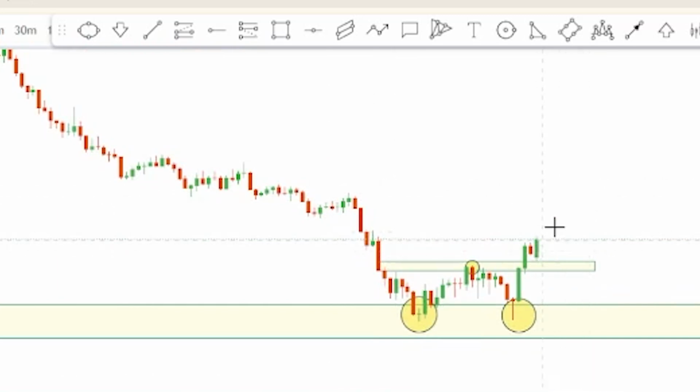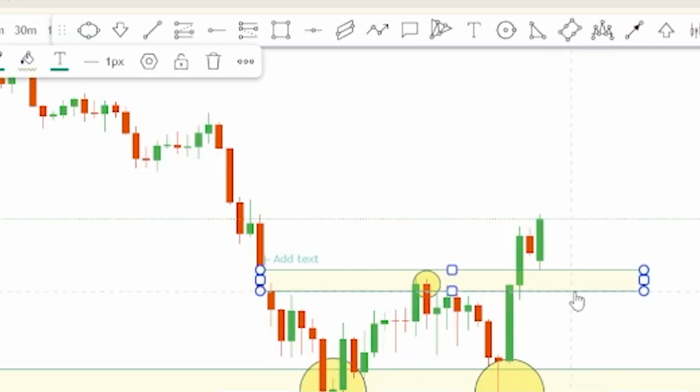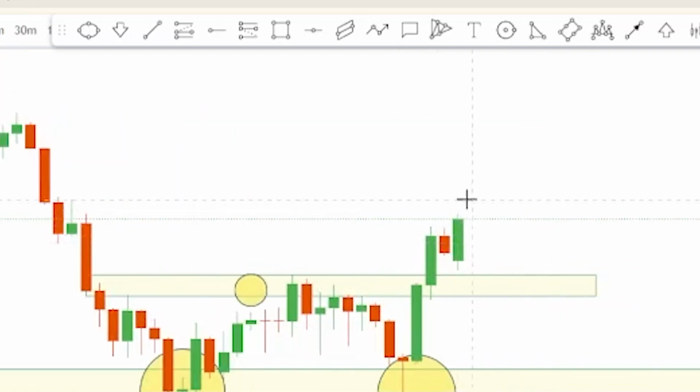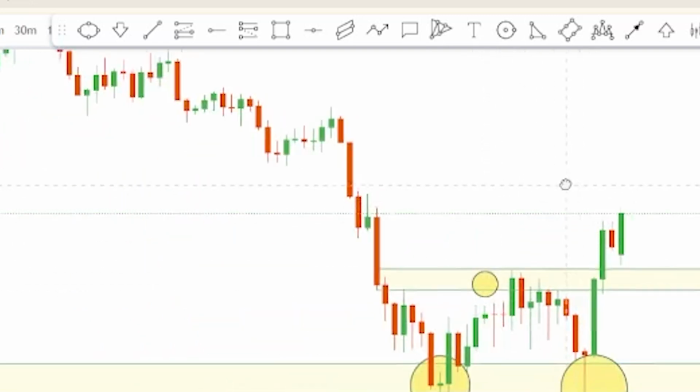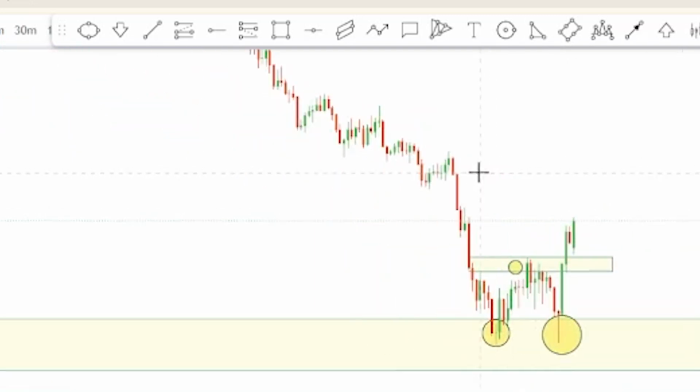But we need to make sure that our neckline is drawn well, because this high has to be in the same position as our resistance line. So this candle, this bullish engulfing, didn't touch our neckline, so we have to wait until we get a confirmation.